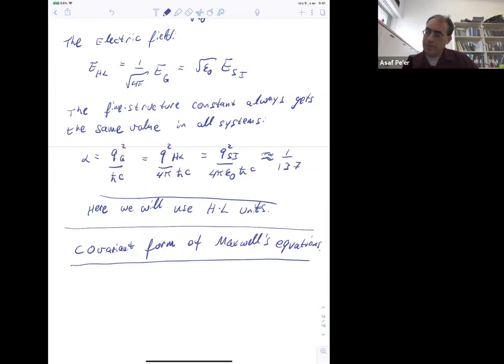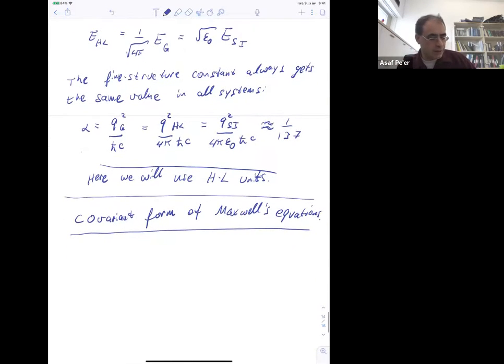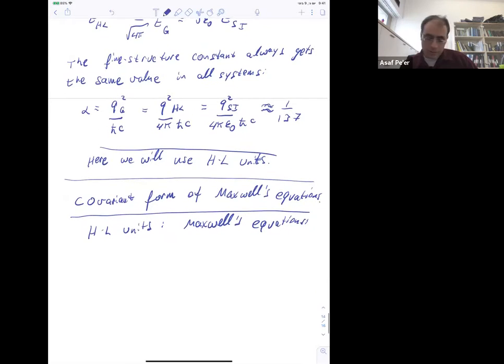So you write down Maxwell's equations in Heaviside-Lorentz units. You want to write it down for me?